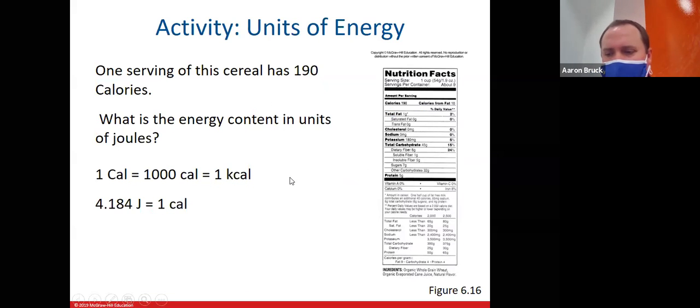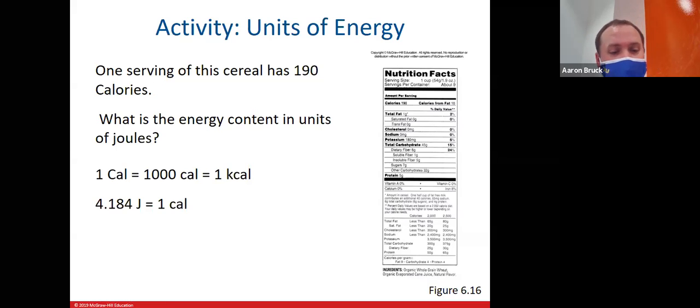So let's do some quick calculations here. 1 serving of this particular cereal, which I have to admit I want to taste because the ingredients are whole grain wheat, evaporated cane juice, and natural flavors. That sounds like a real breakfast of champions there.